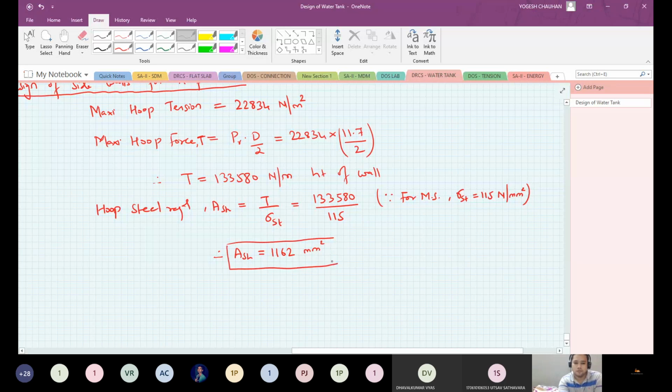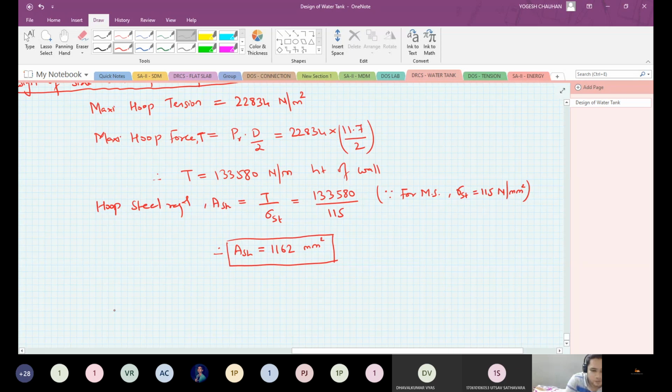Okay, this is for the maximum value of the hoop tension. But as we know, at different height the radial pressure also varies. So you can also make a table and find the corresponding hoop tension and hoop force, and then find the corresponding hoop steel required for that.